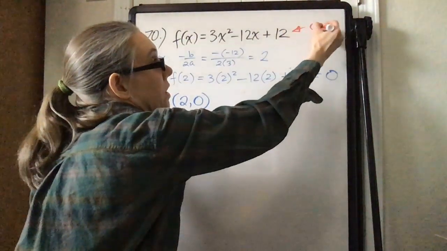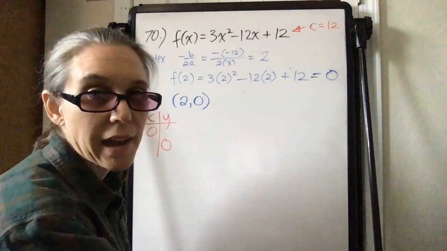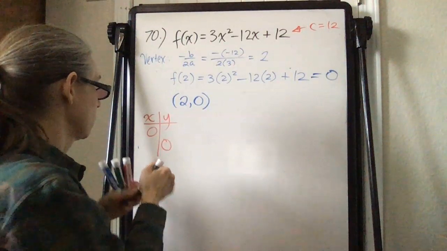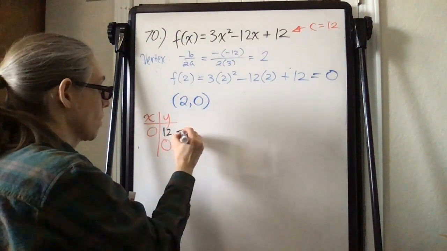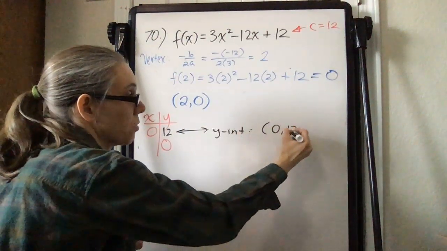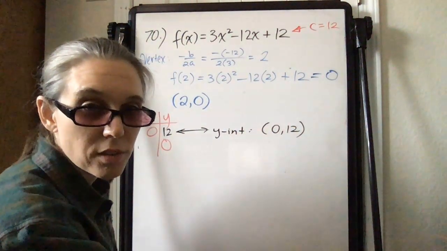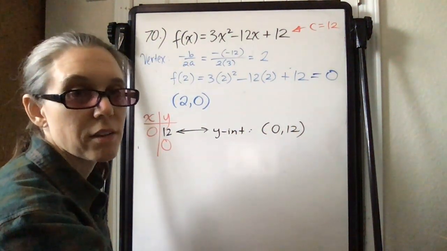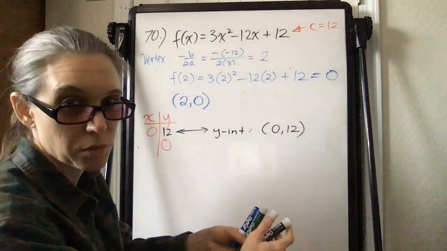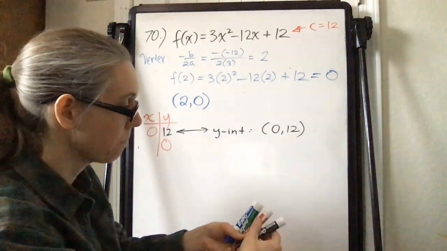Since we have a c value of 12, that is your y-intercept. So that means that the y-intercept is (0, 12). Use parentheses.